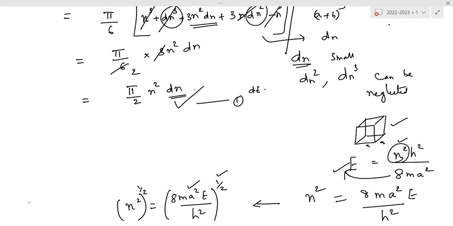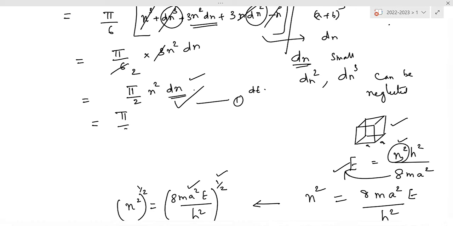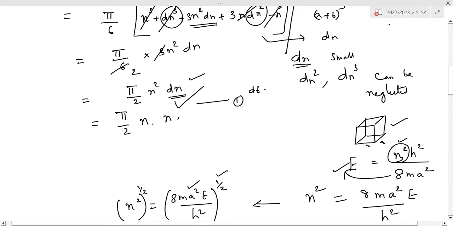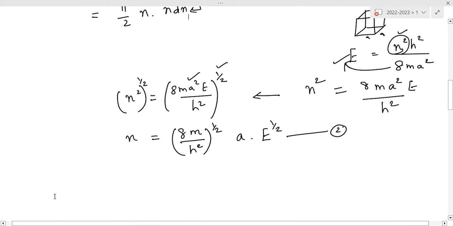Then look at the formula here. The density of energy states is pi by 2 n into n dn. I am writing it in this way. Let this be equation number 1. So I have n here, value of n, and then I need n dn also.